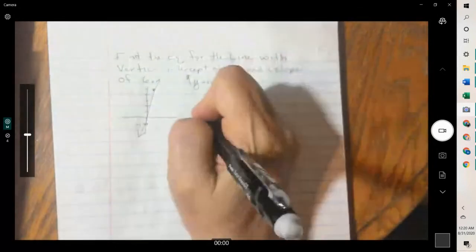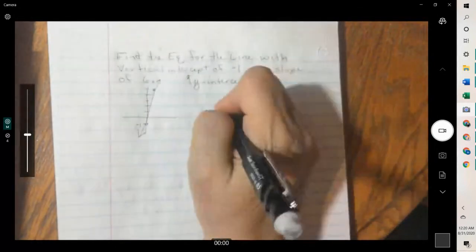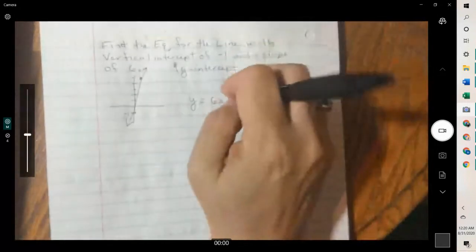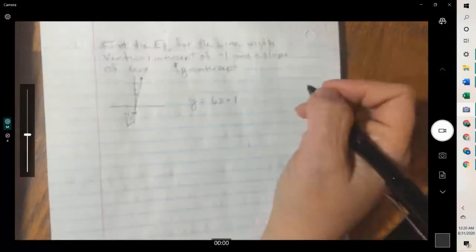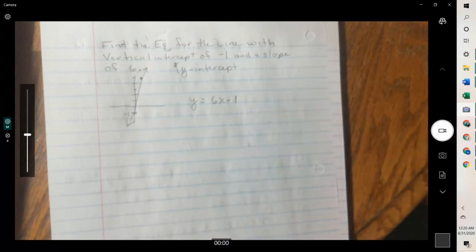But they want the equation, and it said the slope was 6, and the y-intercept, or the vertical intercept, is a -1. That's it for section 2.1 through 2.5.